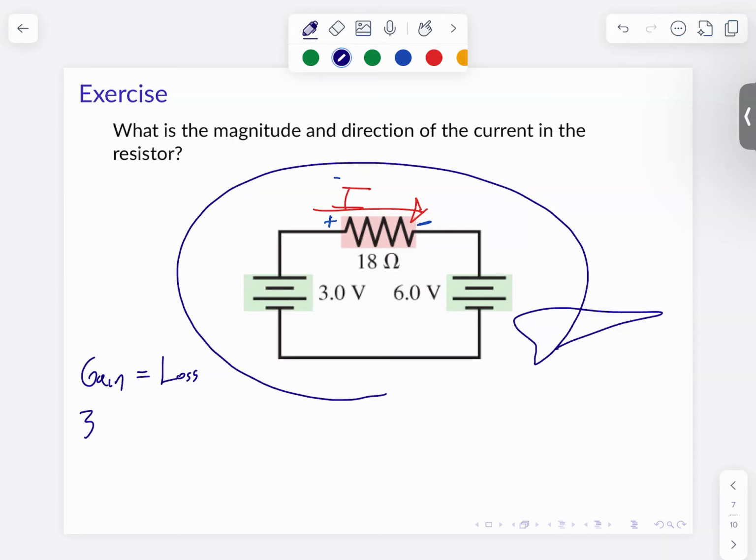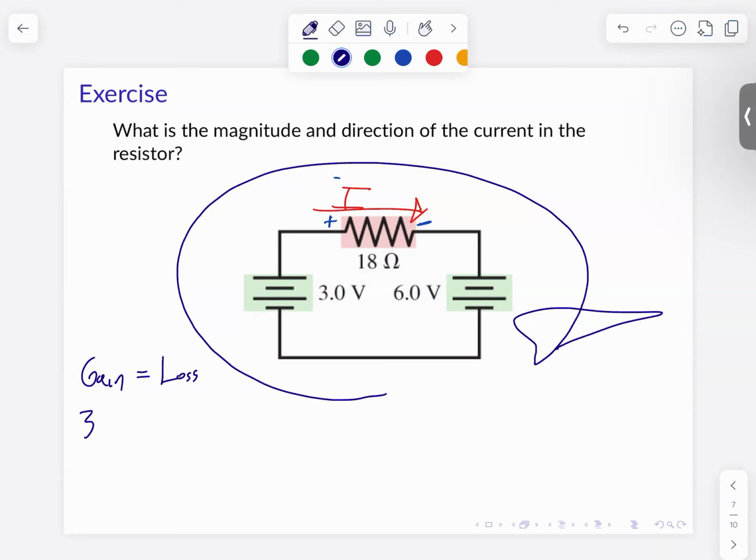Did I give you the number for this voltage? No, I gave you the resistance. How can I connect resistance to voltage? The resistance is 18 ohms. What's the voltage? Can anyone tell me the voltage across a resistor? IR, baby.